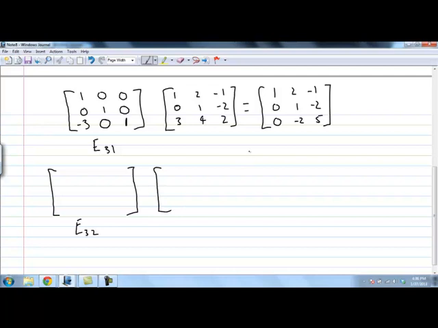It will multiply the result of the previous elimination step, and the result will be, now for this final step, the upper triangular matrix, which looked like this.